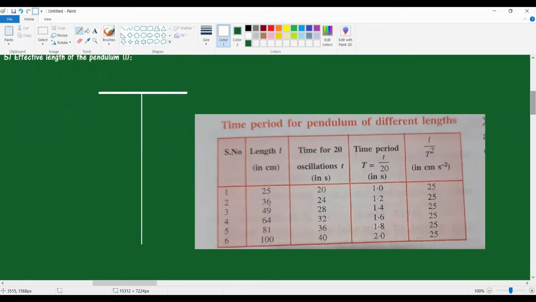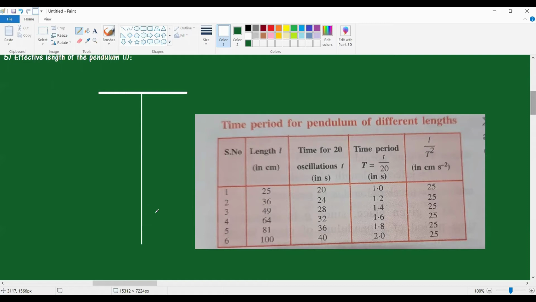So again, similarly for different lengths, the division of the length by the square of its time period is constant throughout these readings. You can observe this. It's very clear. For 100 centimeter length, 2 seconds was the time period, and we divided 100 by 2 square, we got 25 again.